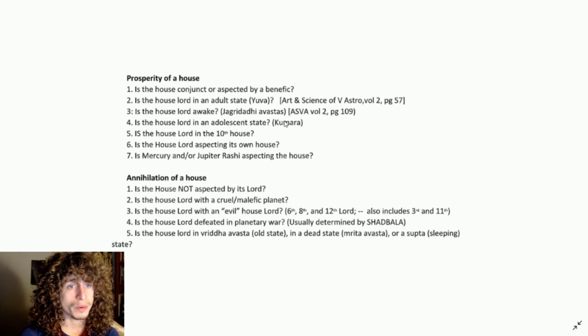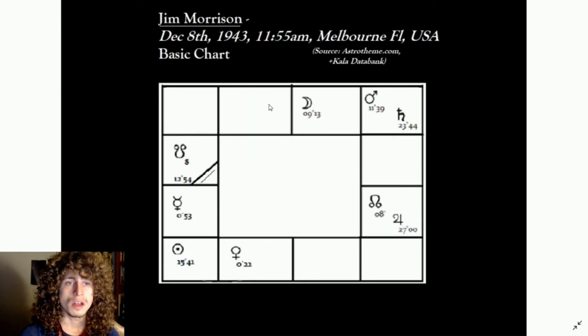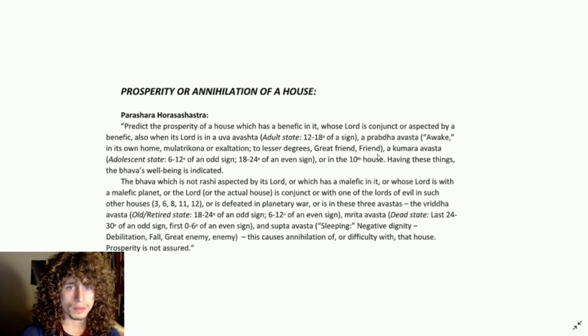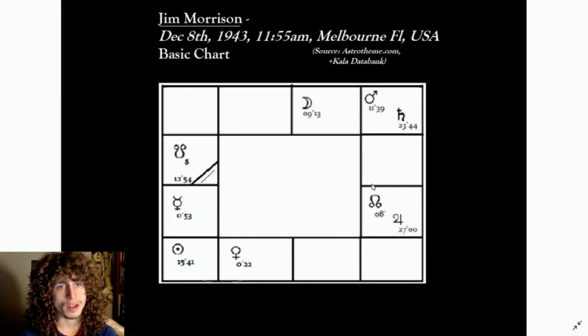That is also, we can see, is the house lord in an adolescent state. Venus being in Scorpio, it's an even sign. So the even signs are considered the first 0 to 6 degrees of an even sign like Scorpio, it's considered Mrita Avashta.